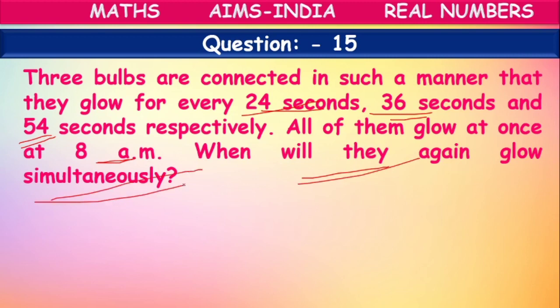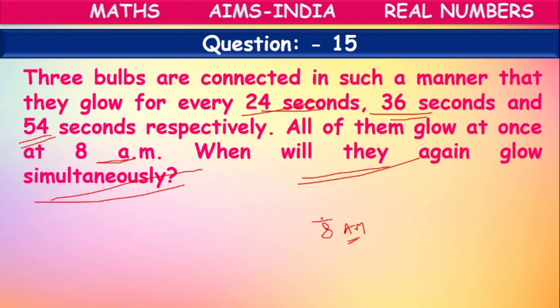So here you may get confusion about when to find LCM or when to find HCF. Now what they are asking here, they will glow all at a time at 8 am. After that, at what time will they glow simultaneously?